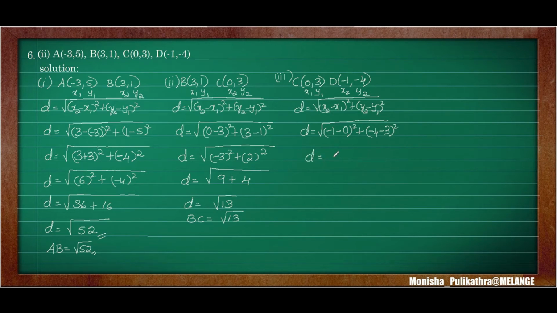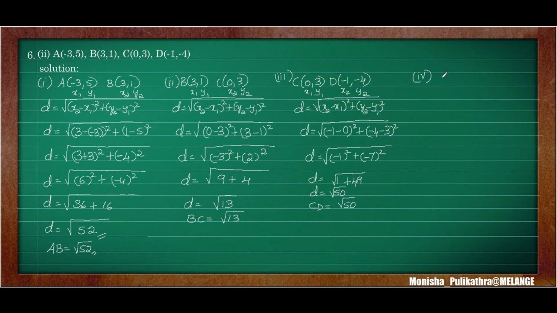Minus 1 minus 0 is minus 1 itself, plus here minus 4 minus 3 is minus 7, whole square. So D is equal to (minus 1) whole square is 1 itself and (minus 7) whole square is 49. So D is equal to root 50. Okay, the value for CD is equal to root 50.